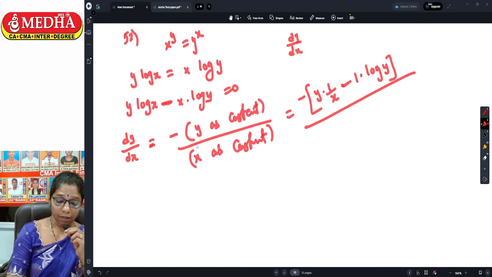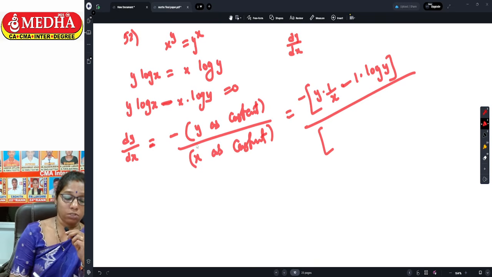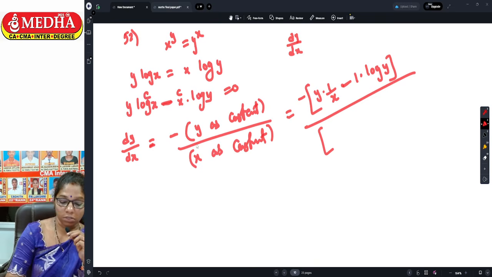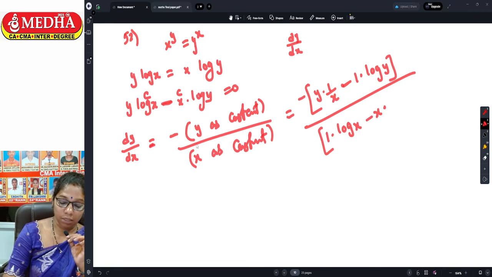Next, x as a constant, that is log x as constant and x is a constant, differentiate y. So 1 into log x minus x into log y, differential quotient is 1 by y.